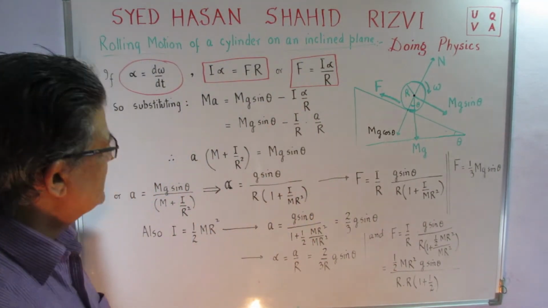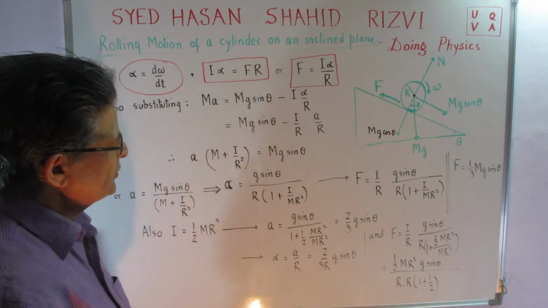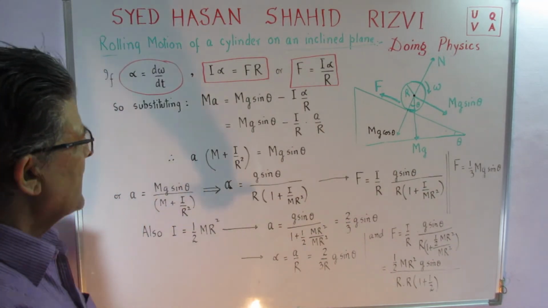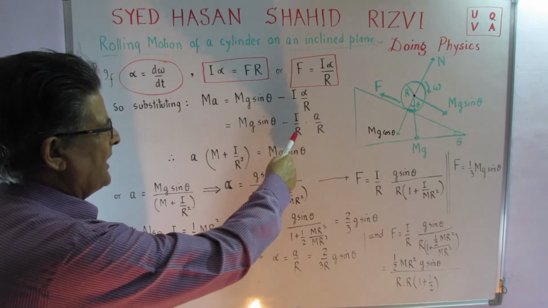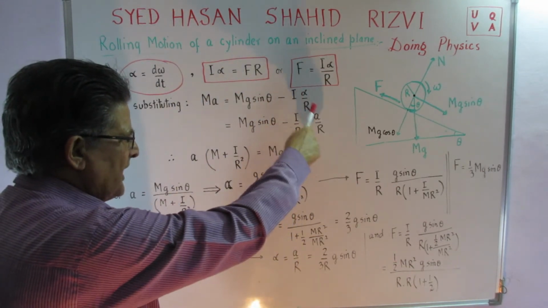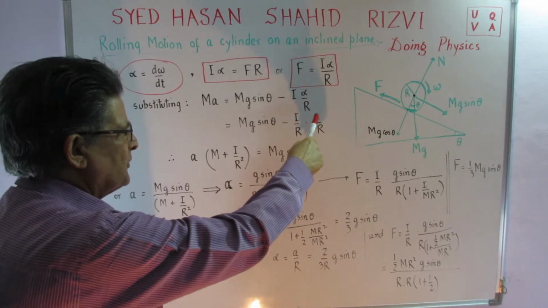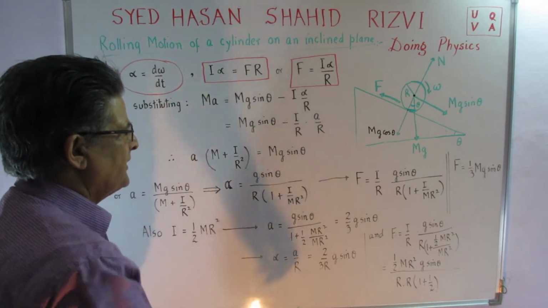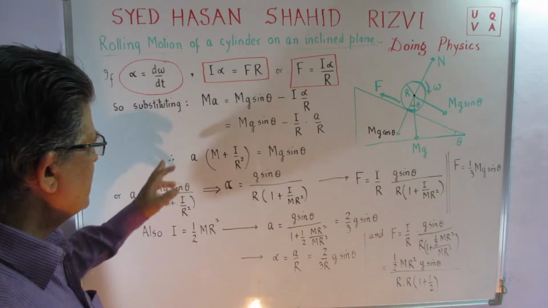So this is the net force which is acting in the system, and then I can write alpha as A upon R, and I get this relation.